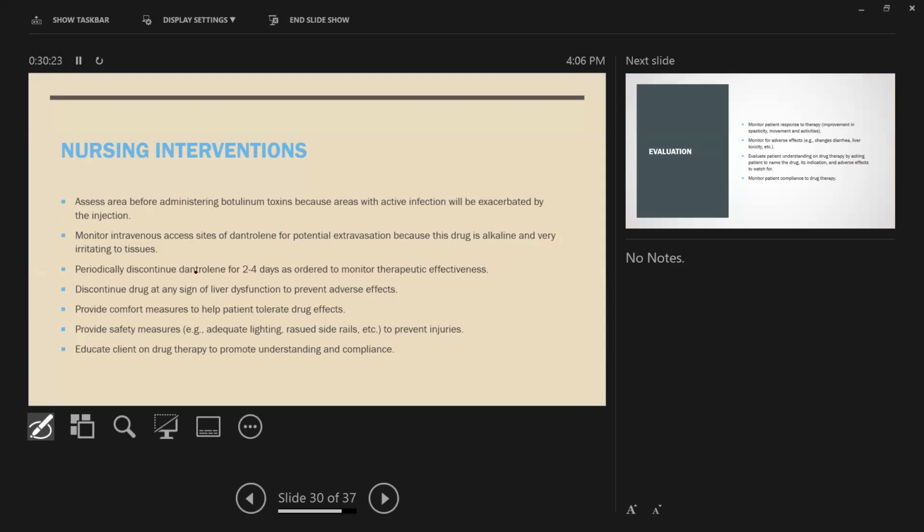If they're on dantrolene, discontinue it for 2 to 4 days to monitor therapeutic effectiveness. At the IV sites of dantrolene, if you have potential extravasation, this drug has an alkaline pH. It's really irritating to tissues. So that's if the drug is being given IV.